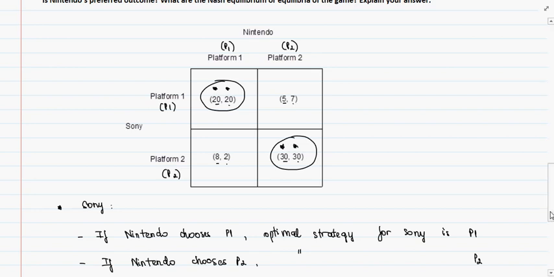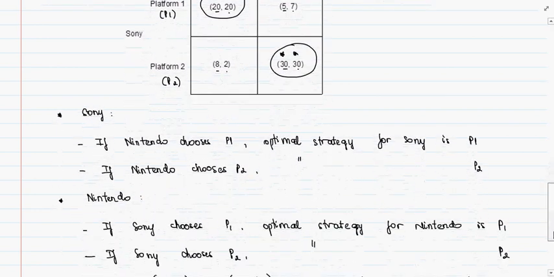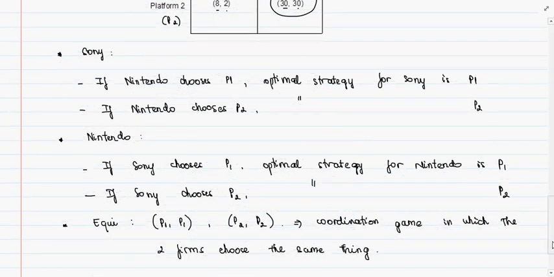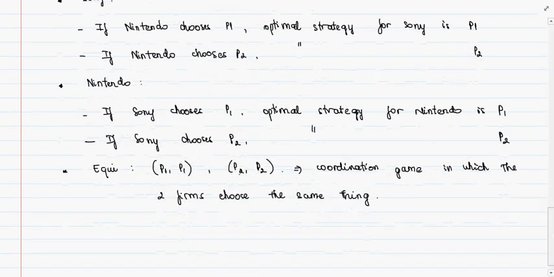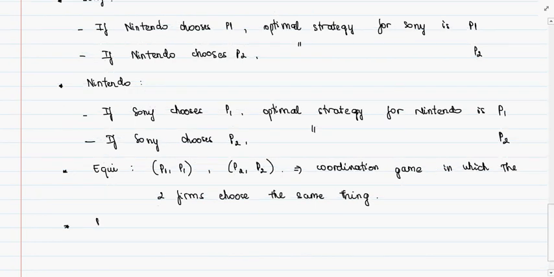Therefore both Sony and Nintendo prefer outcome 2, which is P2 and P2.